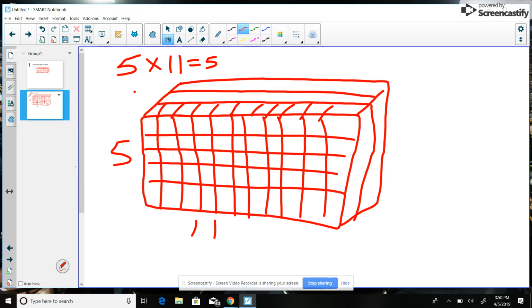If I have 3 more layers of that, so here's 1, here's 2, here's 3 layers, I know I can take 55 in one layer 3 more times. 55, 55, and 55. Thus giving me 165 total cubes.